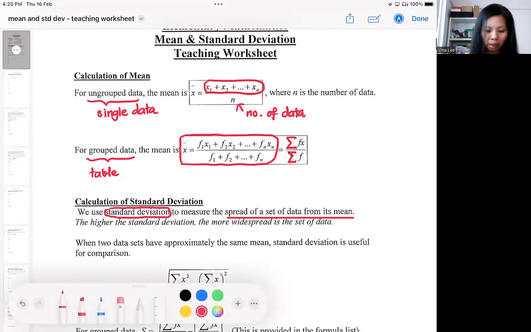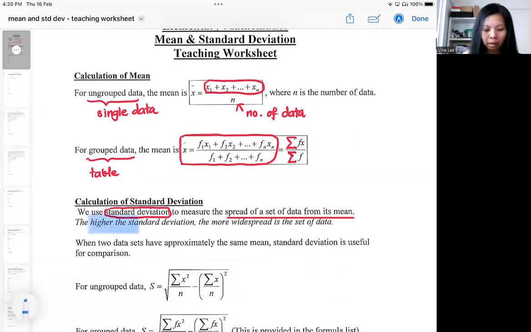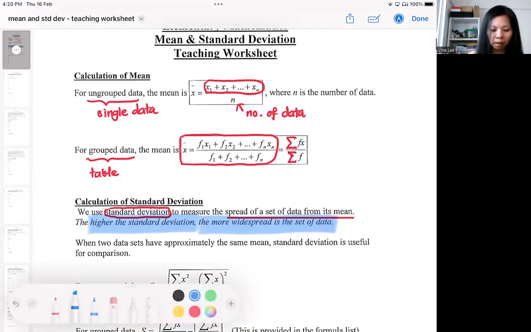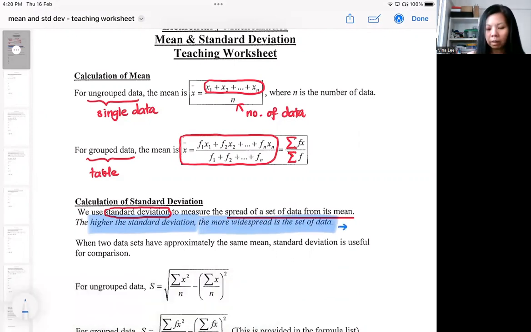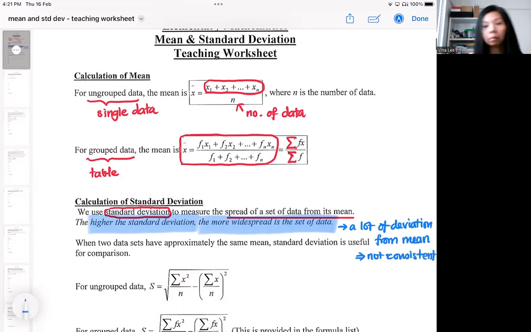If you look at the relation here, the higher the standard deviation, the more spread the data is. So if standard deviation is very high, there will be a lot of deviation from the mean, which means it's actually not consistent. So it's a way to measure how consistent you are.